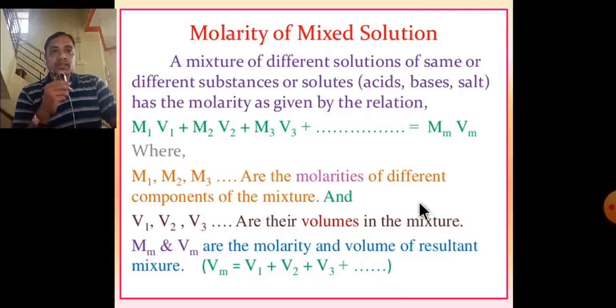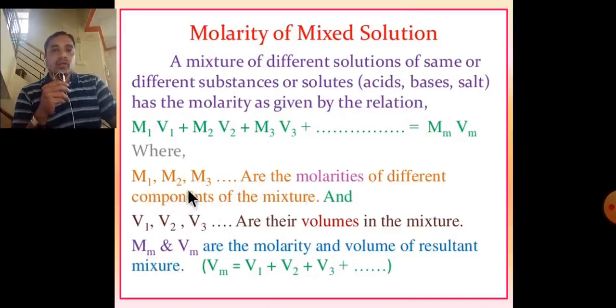In this slide, we study molarity, which we have already studied, but now the molarity of a mixed solution, a mixture of different solutions of the same or different substances or solutes like acids, bases, salts. The molarity is given by the relation m1 v1 plus m2 v2 plus m3 v3 and so on is equal to mm vm.